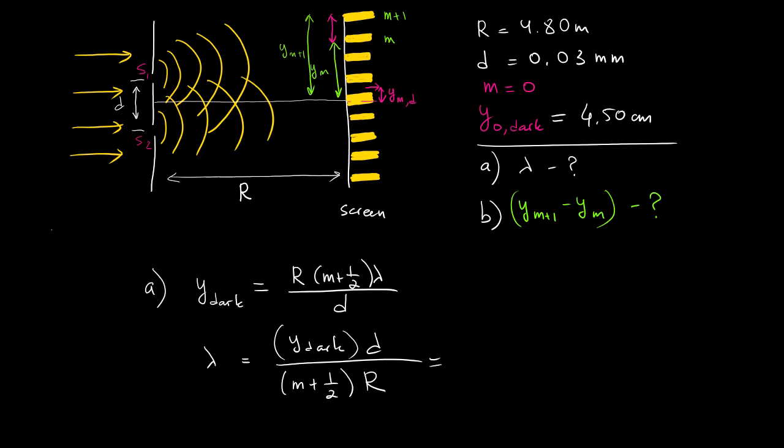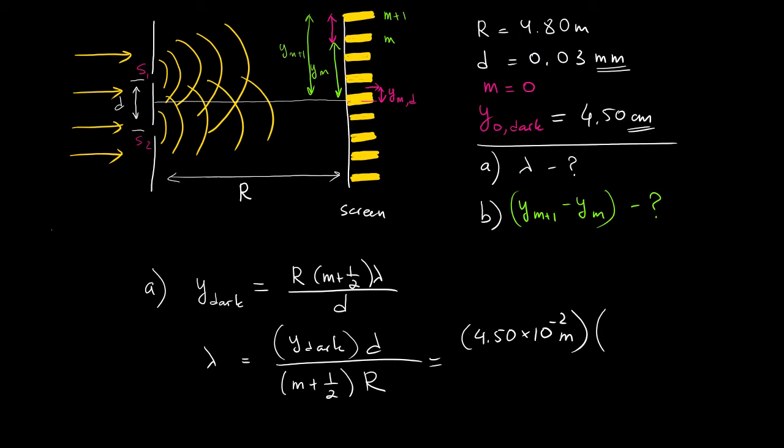For the position of the first dark fringe, it's 4.50 centimeters, and we have to convert it to meters. So I'm going to write 4.50 times 10 to the negative 2 meters, times the distance between the slits, 0.03 millimeters.